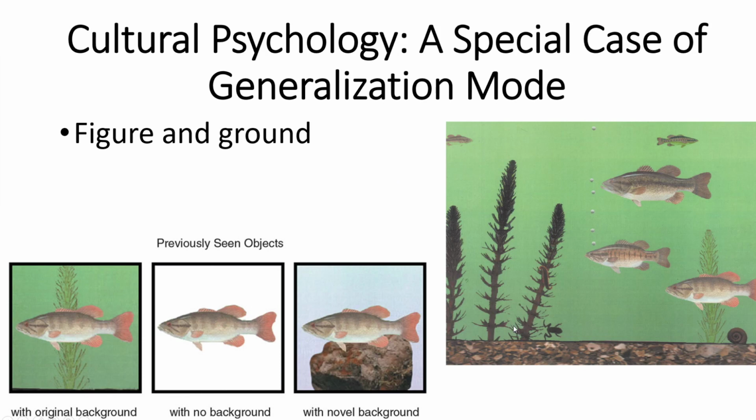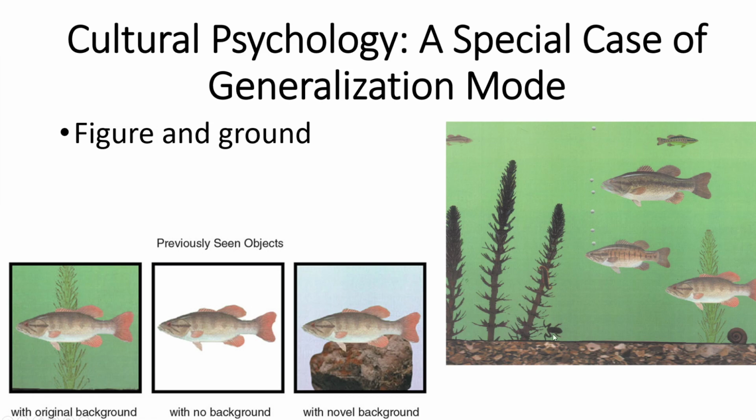Another example is how people take in information. So here we have an image with 3 big fish in a fish tank. If you ask people to describe this situation, again, people in North America will say, oh, there's 3 fish. Oh, there's also some smaller fish in the background.